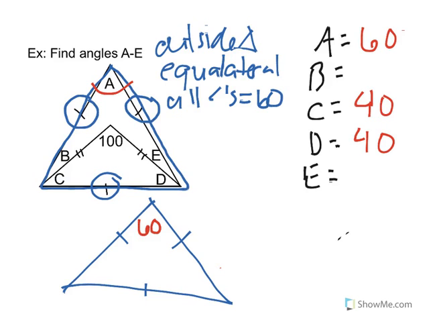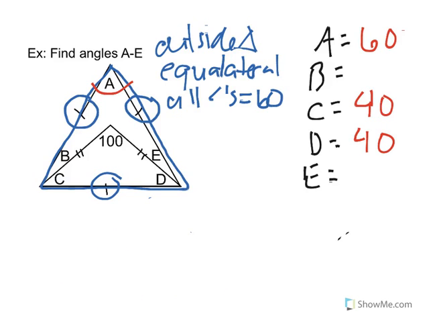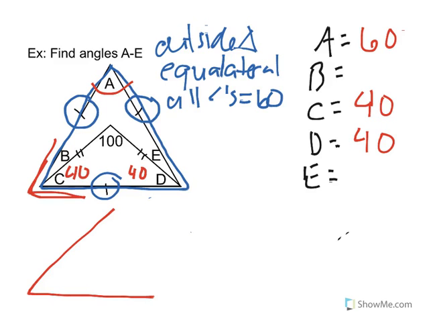Now, we need to find angle B and angle E. What can help us here is remembering that this was 40 degrees and this was 40 degrees. So what we kind of see happening is that this whole corner angle is 60 degrees.